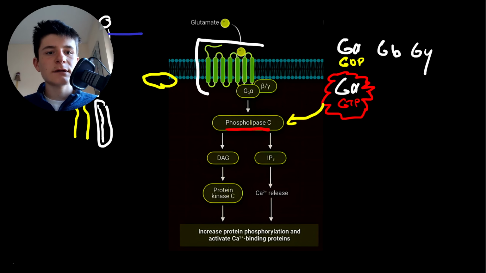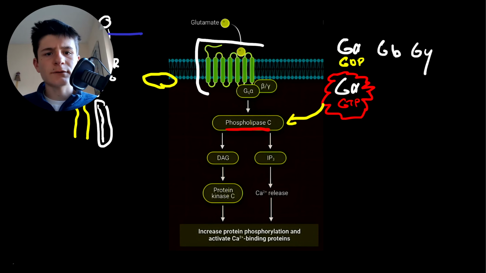In this case we have a phosphate, and then attached to the phosphate we have an R group that can be, for example, choline, or in this case, inositol. Inositol is a sugar-like molecule, a little bit like glucose.